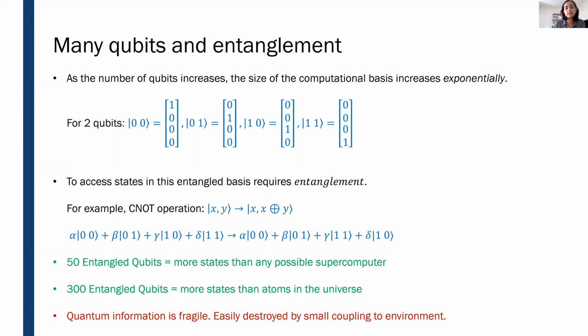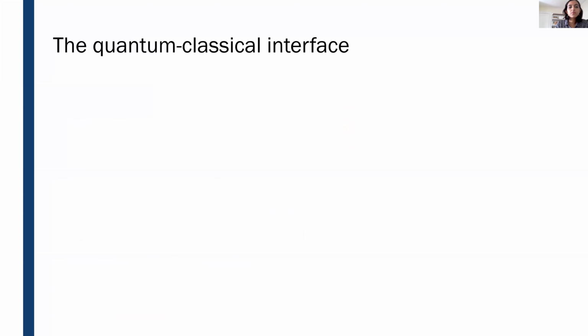But the first caveat is that quantum information is extremely fragile. And so, if there's any small coupling to the environment, whether a photon or a phonon or whatever, you can basically destroy this giant superposition, and destroy all your information, right?